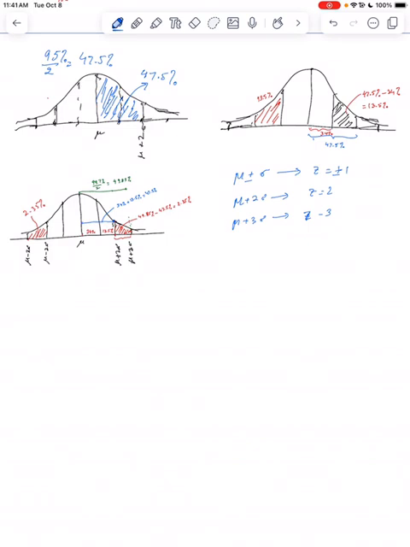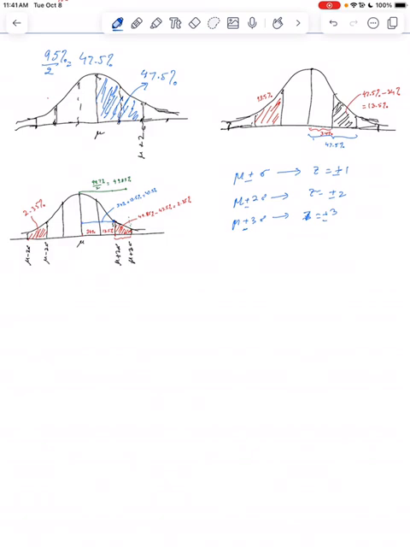And when you are at mu plus 2 sigma, z will be 2, but if you are at mu minus 2 sigma, then z will be negative 2. In the same way, z will be plus or minus 3. This tells us that we are talking about the z-score on the horizontal line.